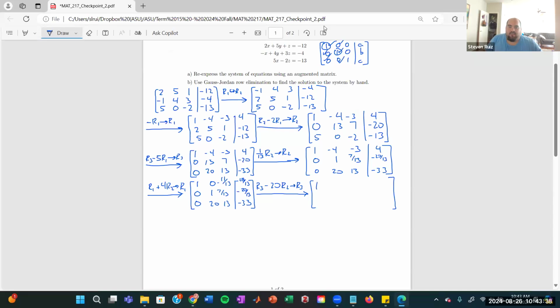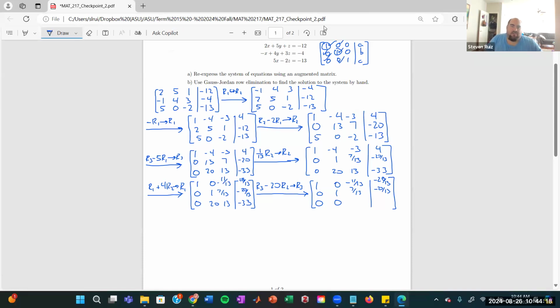So 1, 0, negative 11/13, negative 28/13, 0, 1, 7/13, negative 20/13. All right, now that 0 is not going to change. So now I have row 3, 20 minus 20 times 1. So that gives me a 0, which is what I wanted.